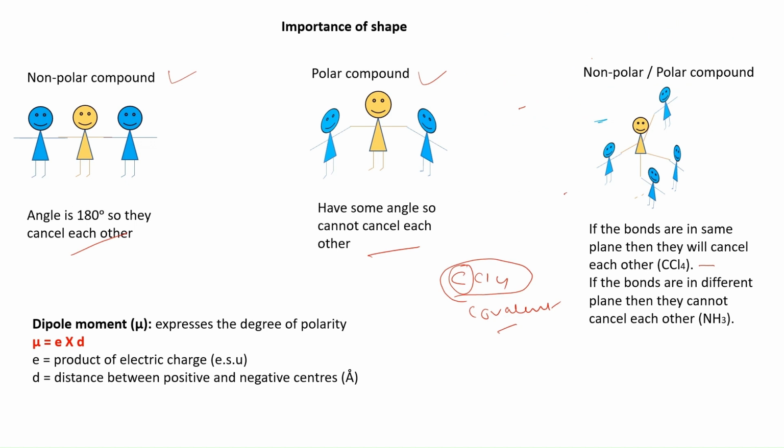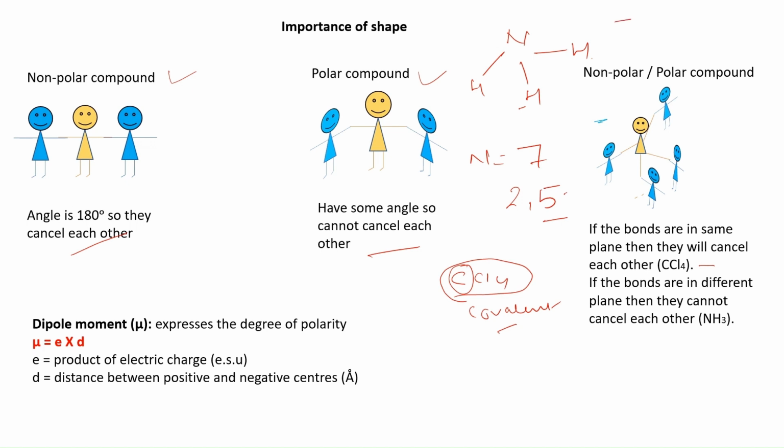Now come to NH3. Atomic number of N is 7. So the electron distribution is 2 and 5. Valence electrons, 5 valence electrons.